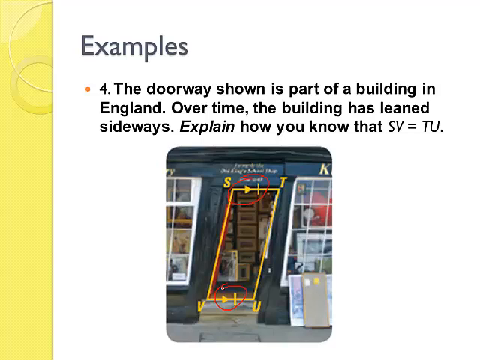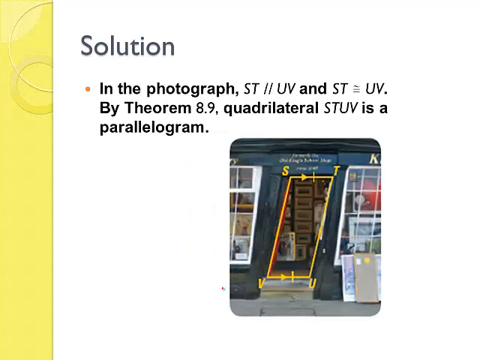That's it. So which one of our theorems actually shows that this is a parallelogram? Okay, so we know that ST is parallel to UV, and ST is congruent to UV. So if we know that, automatically this is going to be a parallelogram.